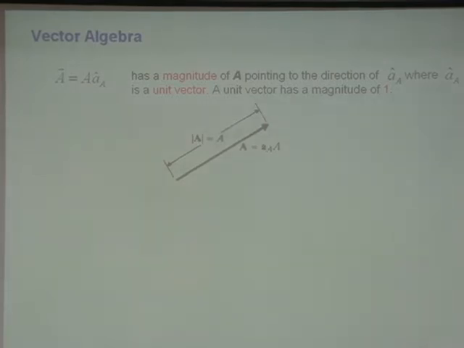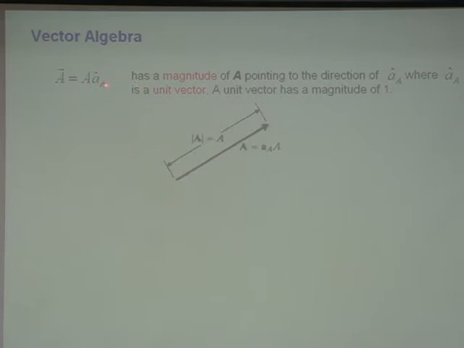So in the video you just saw, the representation of a vector is quite simple, but there are two important ingredients. One is the magnitude and one is the direction. If we put a small hat on this vector, then it's a unit vector with the length of 1. And then you give this vector magnitude called A. So the total length of this vector is capital A, and the direction is pointed to some direction represented by this unit vector.